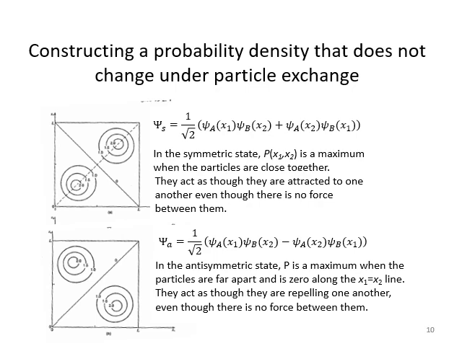Okay, minus. And when I accomplish this change here, what happens is I change the sign of the wave function, psi sub A. So for psi sub S, when I switch particles 1 for 2, I get exactly the same wave function back. In the case here, when I switch 1 for 2, I get the negative of the wave function back again.